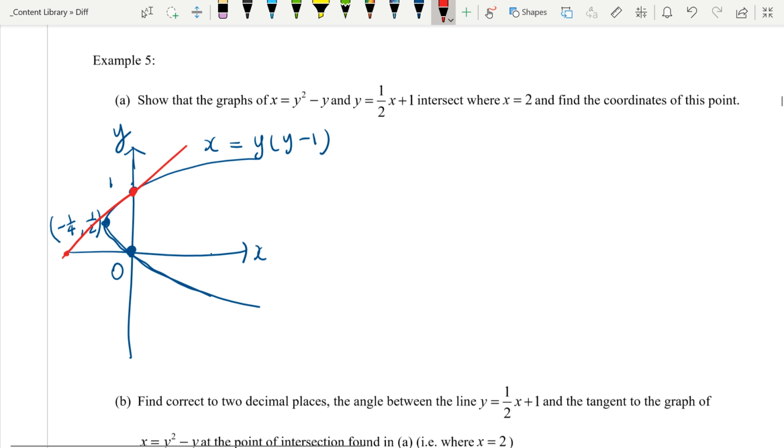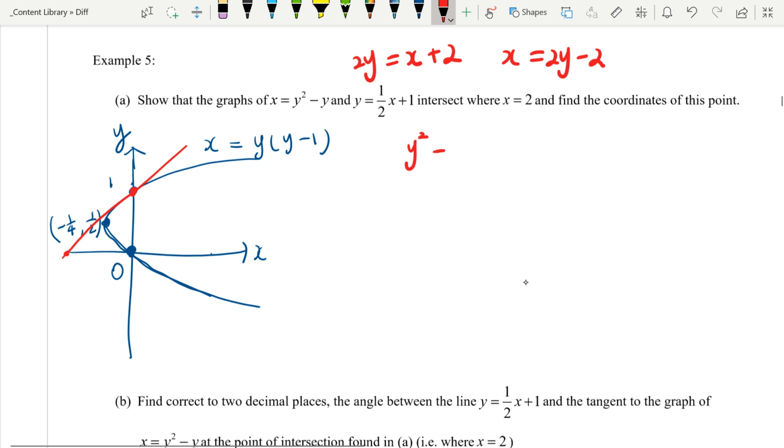And find the coordinates of this point. Actually, I can rearrange the top one to make 2y equals x plus 2 and x equals 2y minus 2. I really just don't like fractions. So I make x the subject.